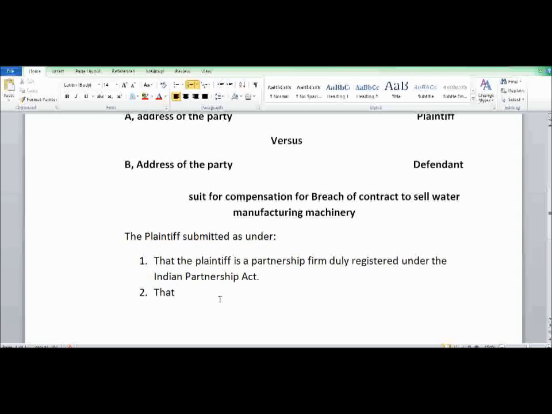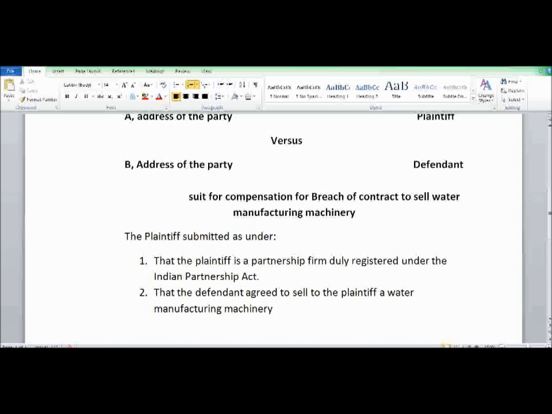That the defendant agreed to sell to the plaintiff water manufacturing machinery.